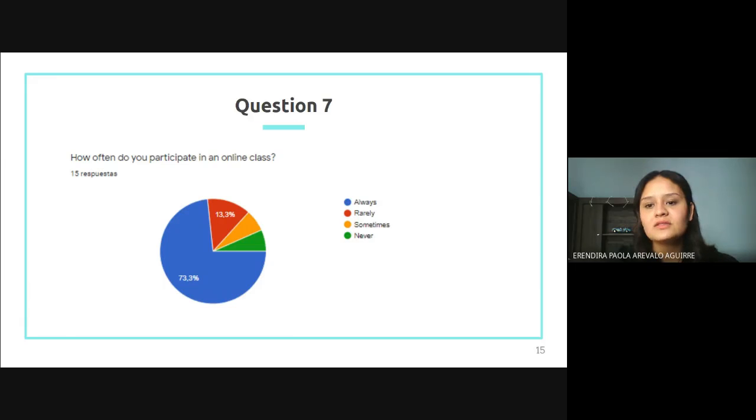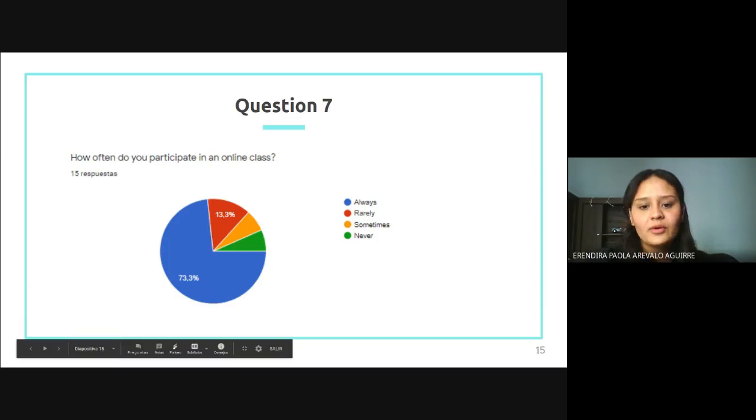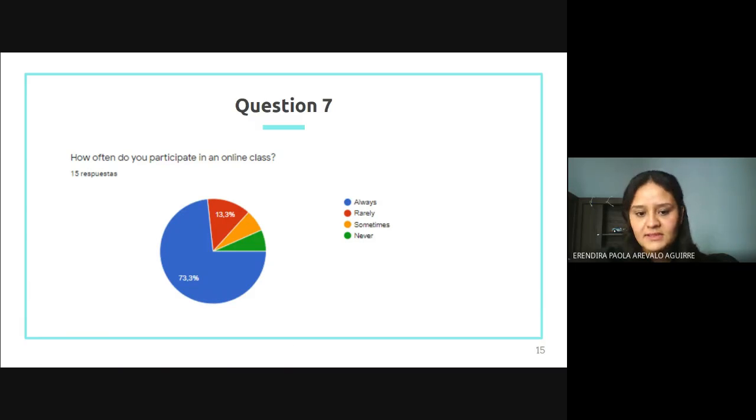The objective of this question was to note how students perceive their participation during class, and the results show that 73.3% of the students always participate, 13.3% rarely do, 6.7% say they sometimes participate, and another 6.7% say they never do. This is the same thing as the previous question. The students who tend to have a higher level of participation are the ones who have a higher level of concentration and overall better results in online classes.